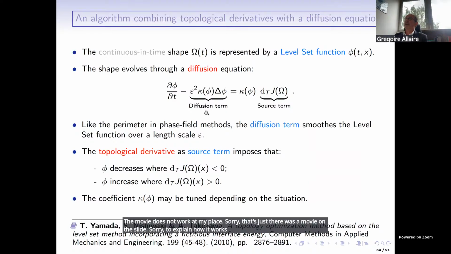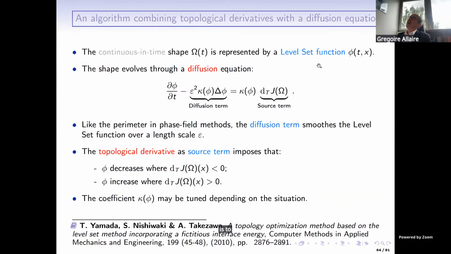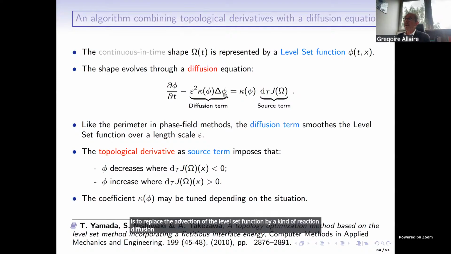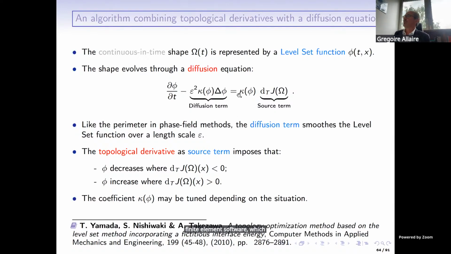Good. Then another possibility is to replace the advection of the level set function by a reaction diffusion equation for phi. So this was proposed by some authors, I guess, that do not like a convection term, if they use finite element software, which is not adapted to a convection term.